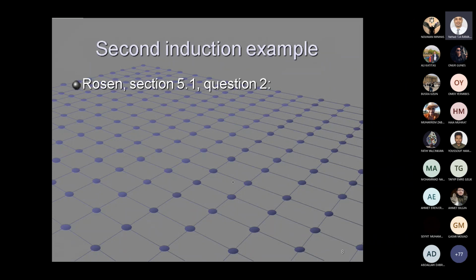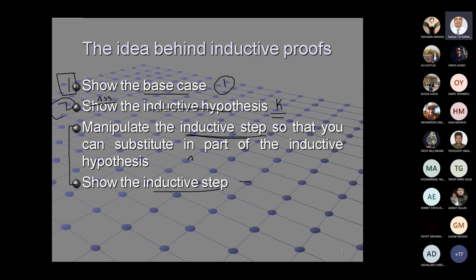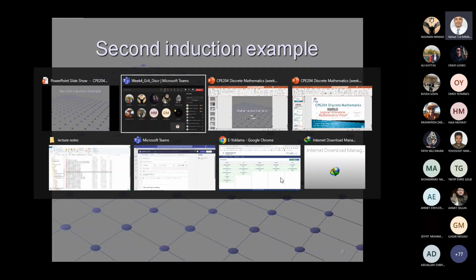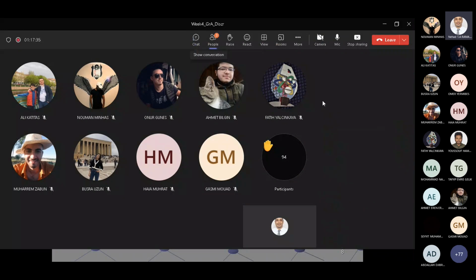We prove the inductive step using what? Using the hypothesis. Okay. Another example. It's actually a simple subject. Okay, we can take a 10 minute break until 11 and we continue. Inshallah, this subject we will finish today, inshallah. Okay, so 10 minutes break.